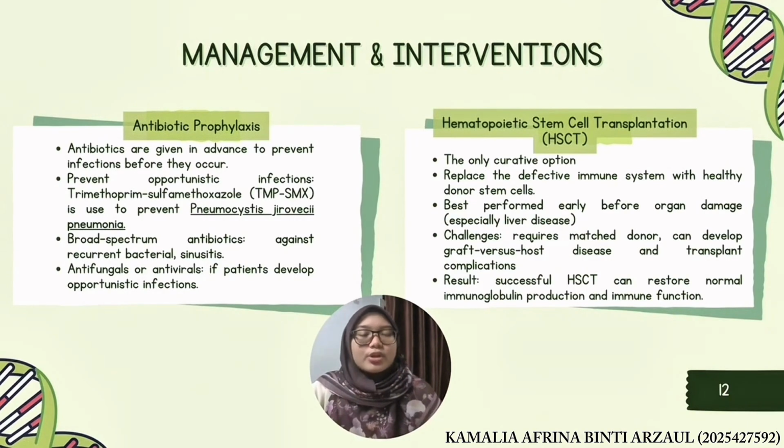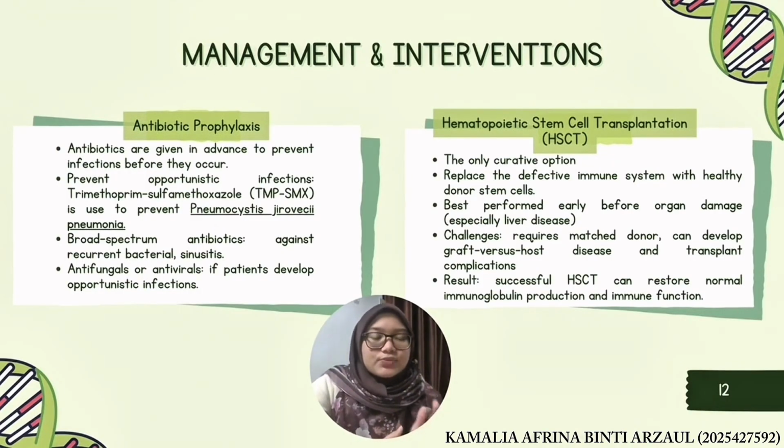So now we are going to look at the third and last therapy, which is hematopoietic stem cell transplantation. This therapy is the only curative option, as it replaces the defective immune system with healthy donor stem cells. It is best performed early, before organ damage, especially to prevent liver disease.